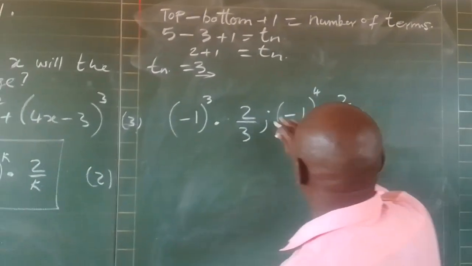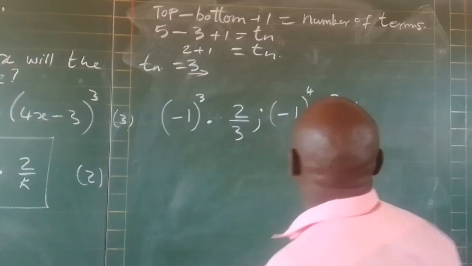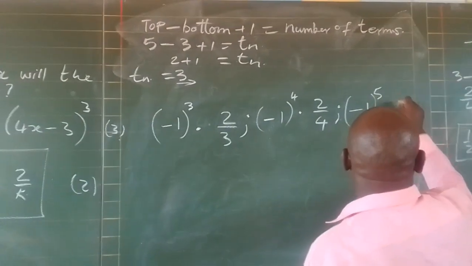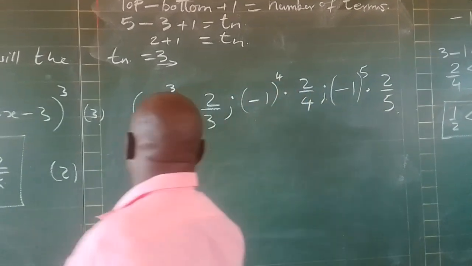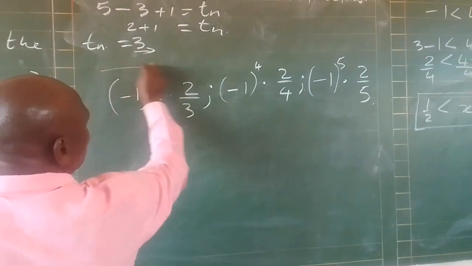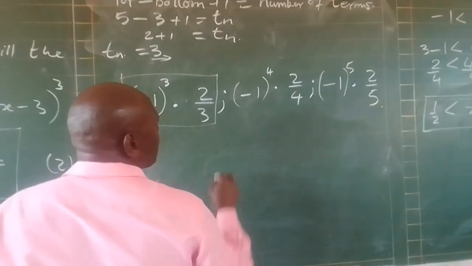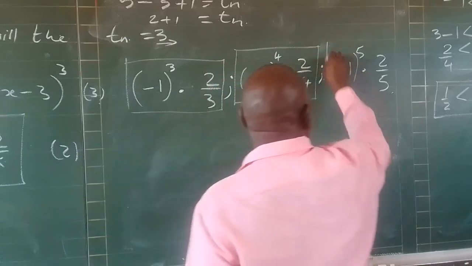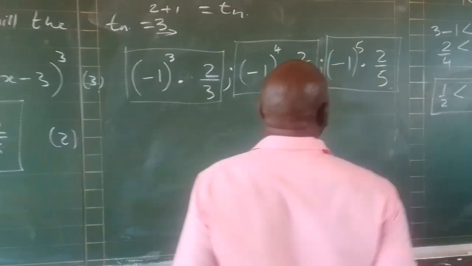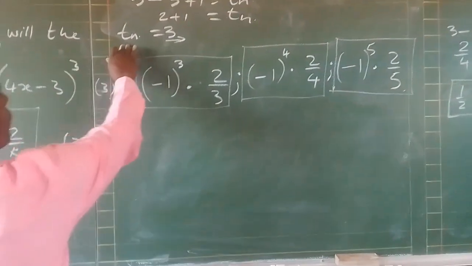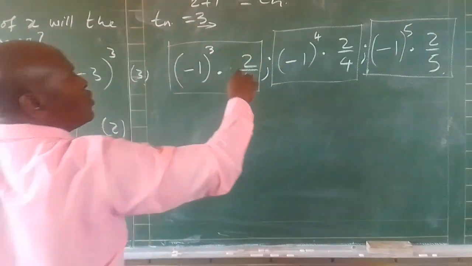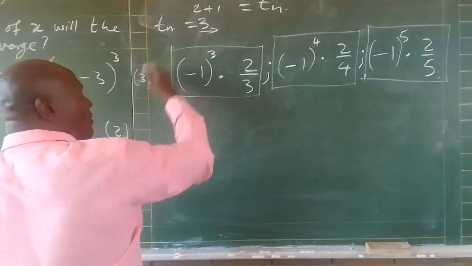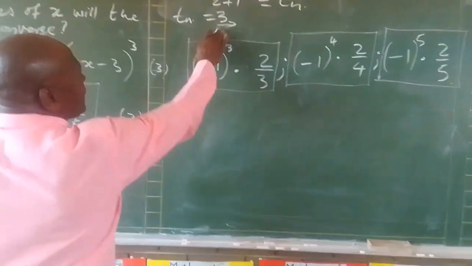You come to the third one, you must have the 3 terms: minus 1 to the power 5 multiplied by 2 over 5. So this is one term, this is another term, the second term, and this one is the last or third term. This was for our safety, so that we cannot exceed 3 terms or make less than 3 terms. We go for exactly 3 terms.